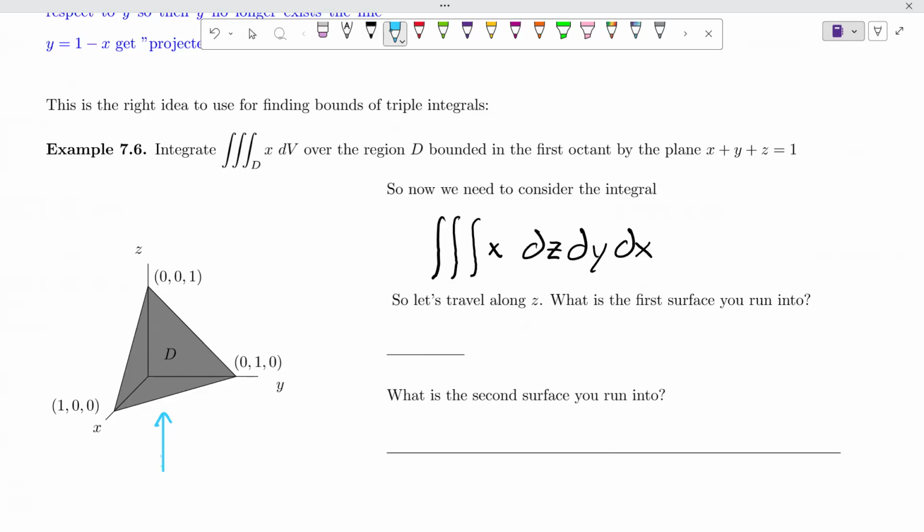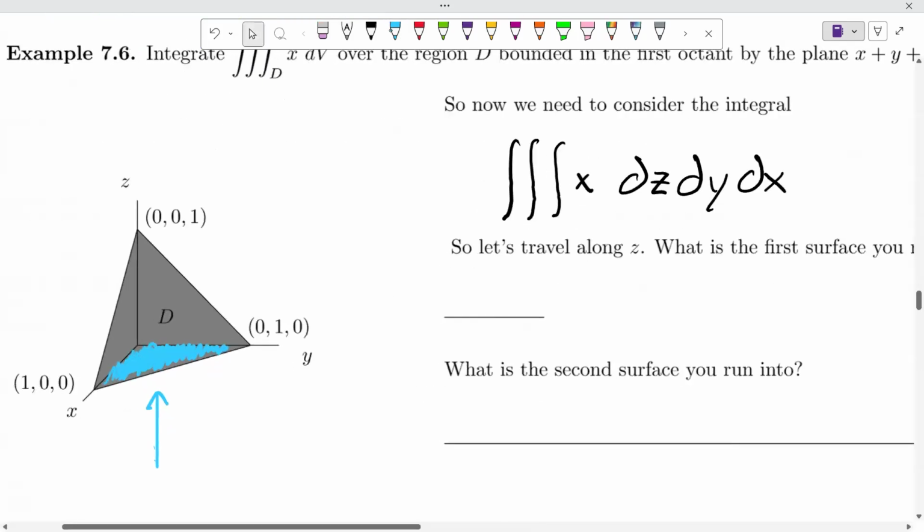If I work from bottom up, the first surface I'm going to run into is this triangle down in the xy plane. Let me try that one more time.